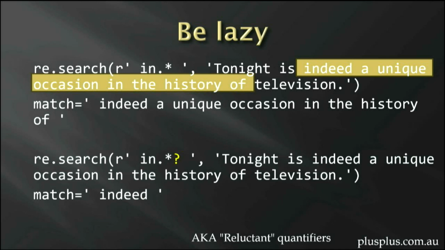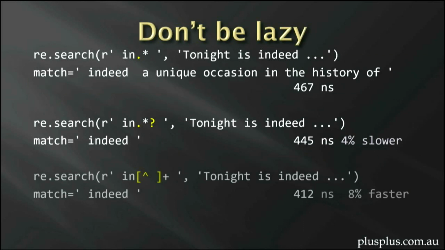A nice option there, though, is to make the quantifier not greedy, also known as lazy, also known as reluctant. And that then stops at the first one that it finds, not the last one. Like that. That doesn't actually have a lot to do with performance, but stay with me.